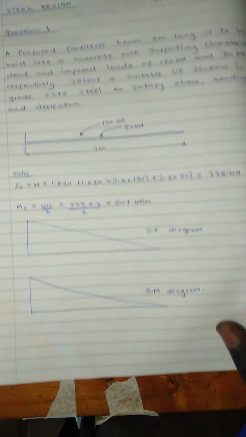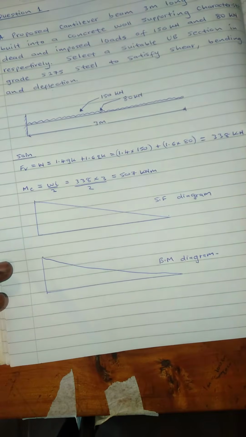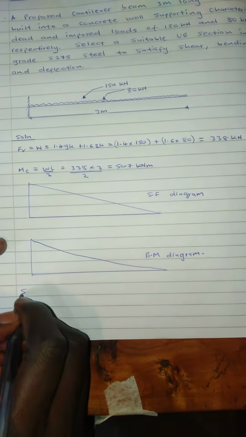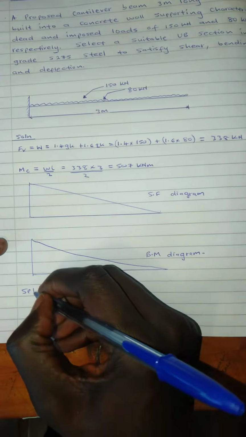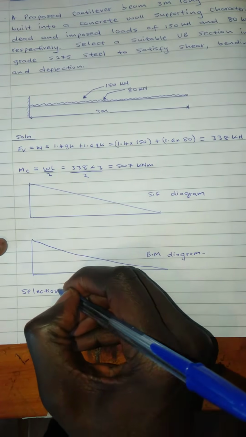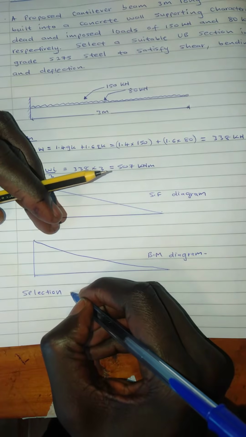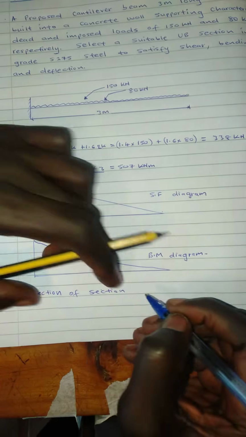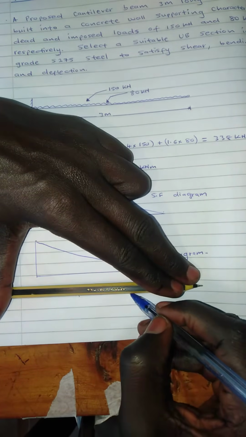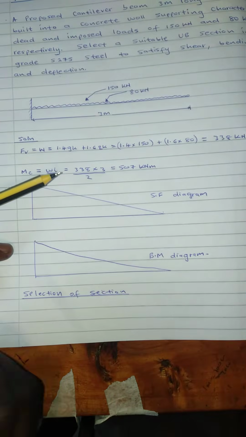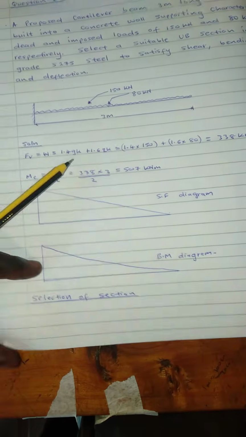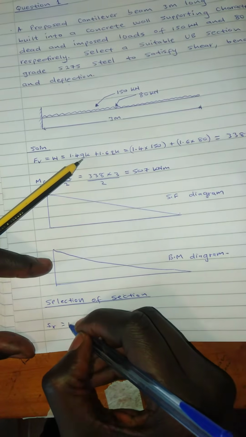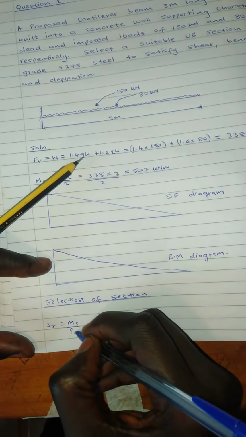Now let's select the section. Selection of the section: we select the section from the table after calculating the area of this section. Area is equal to MC over PY.